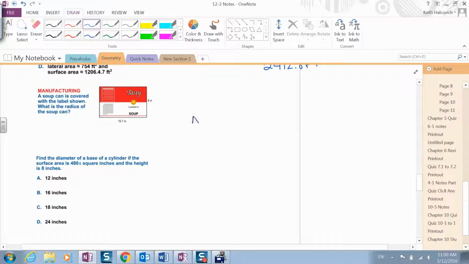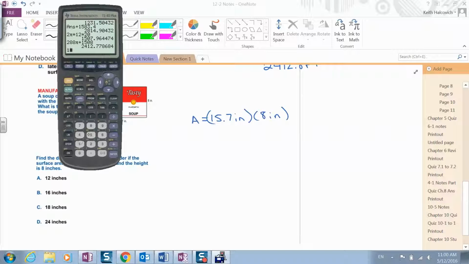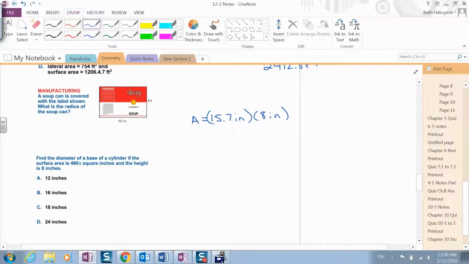So to find the area of this rectangle, you go 15.7 inches times 8 inches. So you get 125.6 square inches.